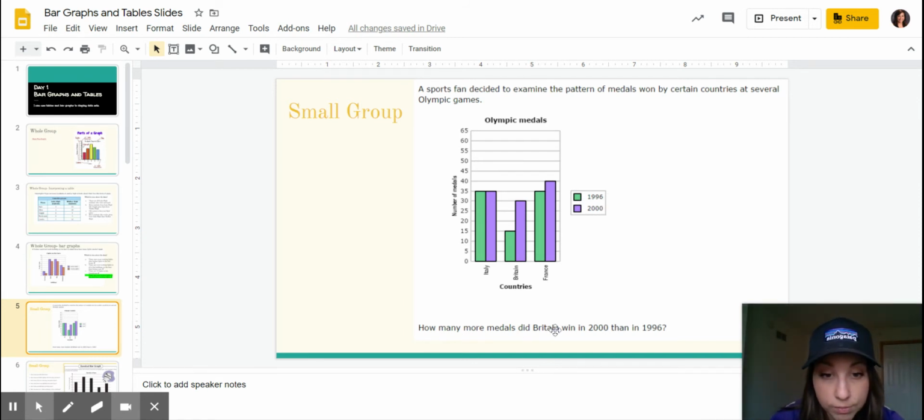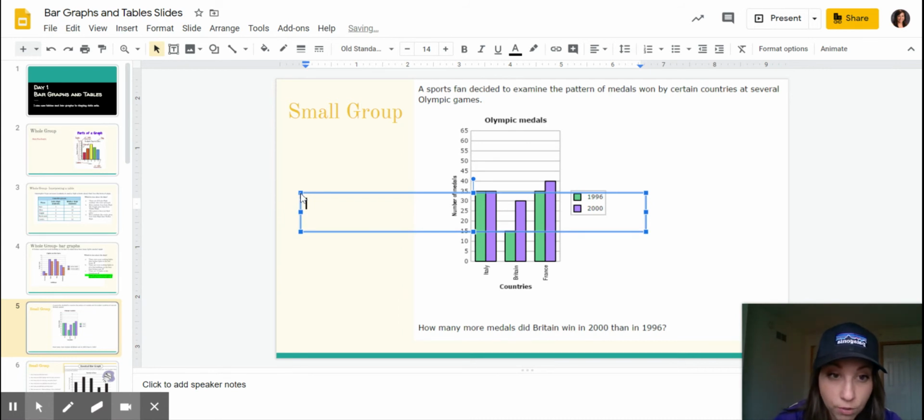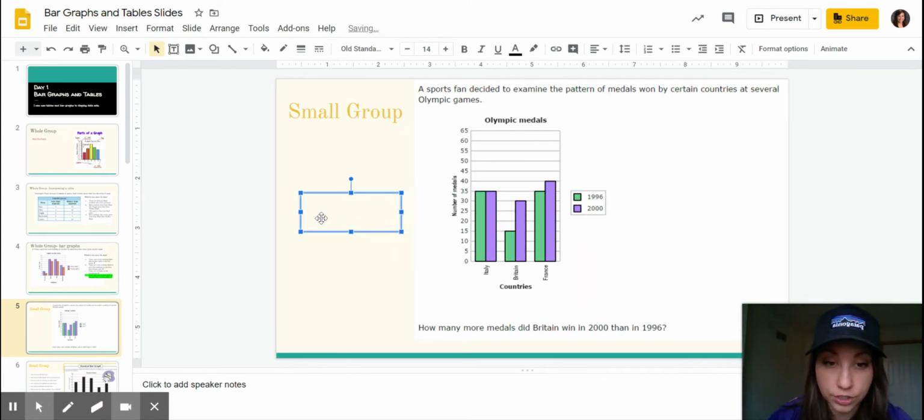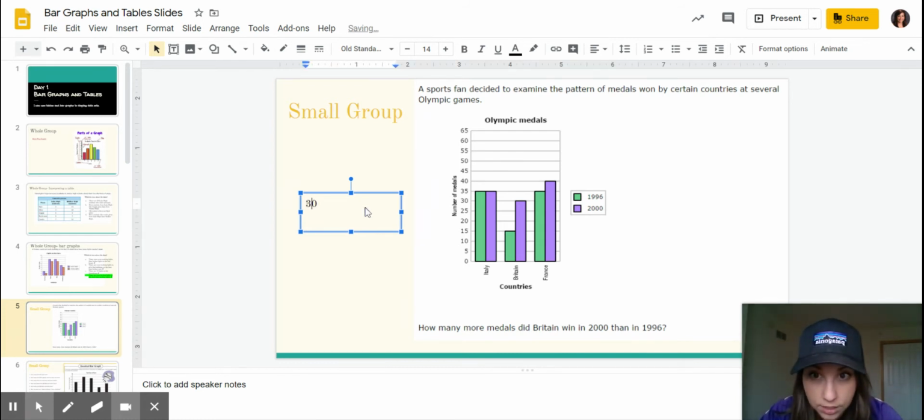How many more medals did Britain win in 2000 than in 1996? Well, right off the bat, I'm seeing the words how many more, and I know how many more is a little trick, a little clue that it's subtraction. So I'm going to look for Britain. How many more did they win in 2000? So in 2000, they won 30 medals.